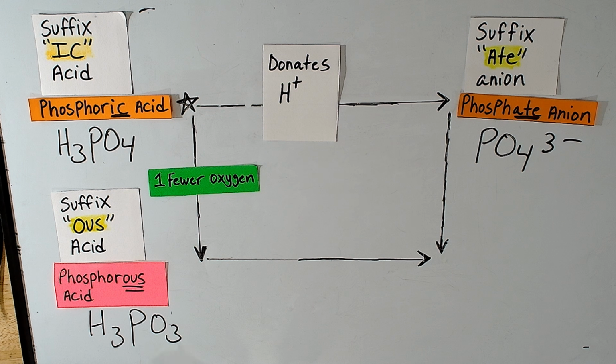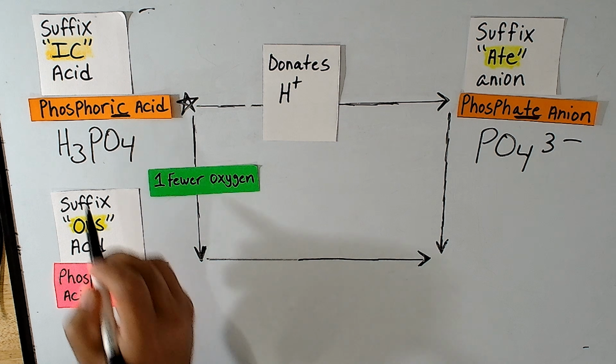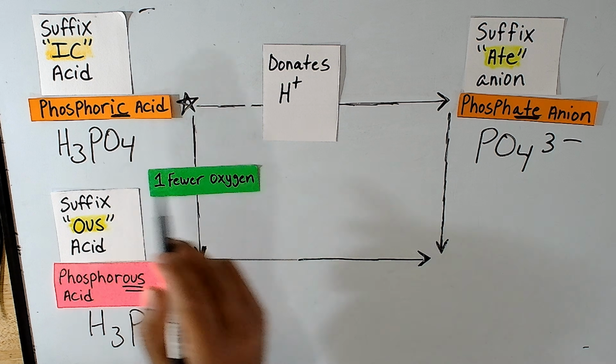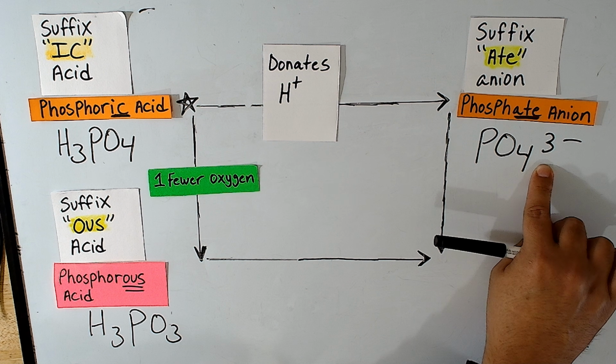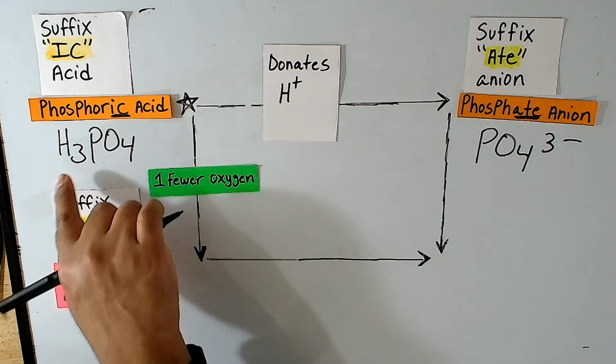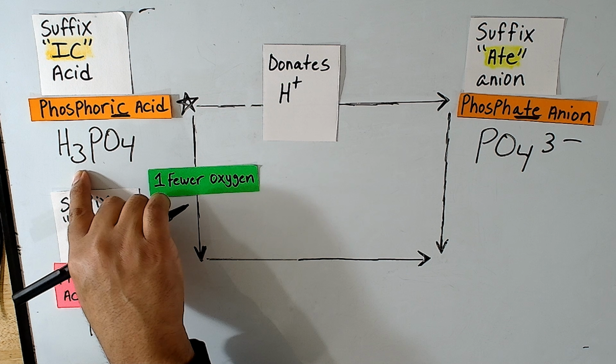So in the simplest way of explaining it, think about it like this. You remove the hydrogen ions and it gains its charge based on the number of hydrogen ions that it donated.